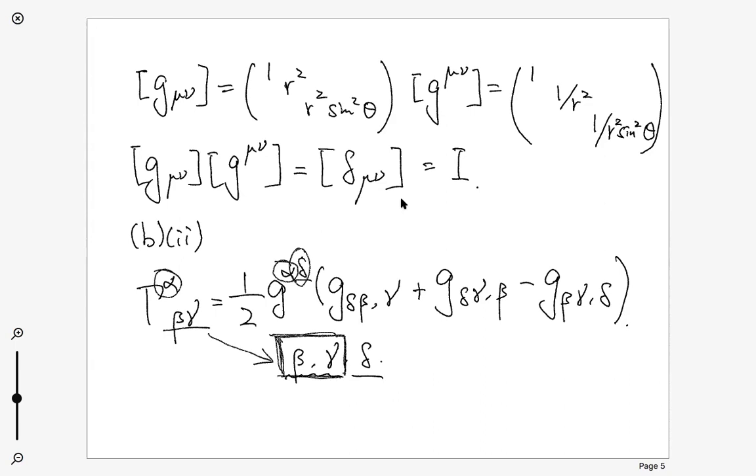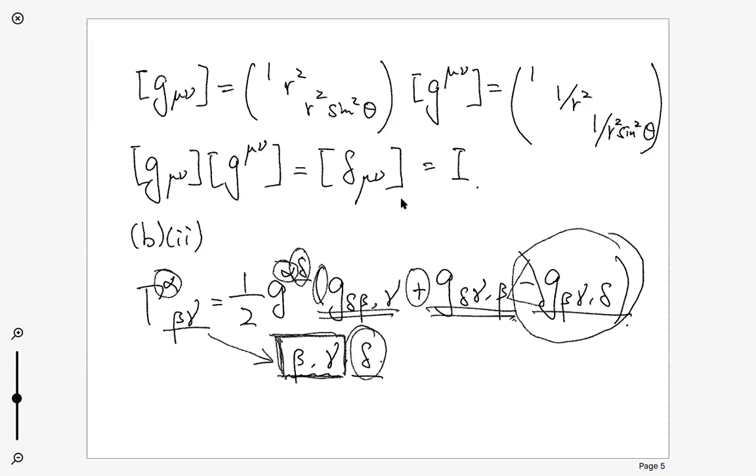Now we have three terms here, and obviously this term is special, because it has a minus sign, but these two terms all have a plus sign. So my trick of remembering this would be that the special index here, delta, would be the derivative of this special term here.